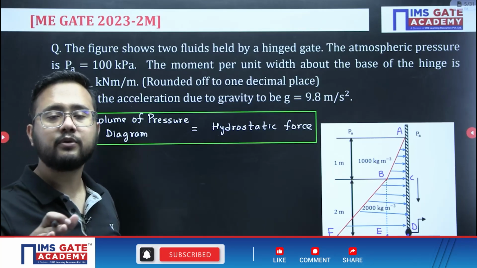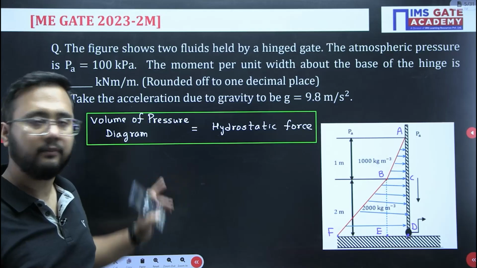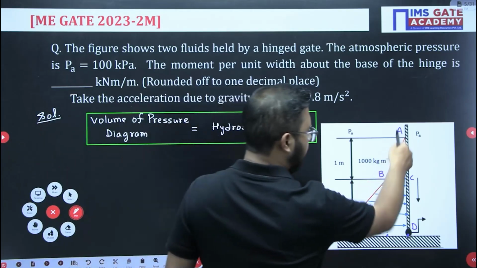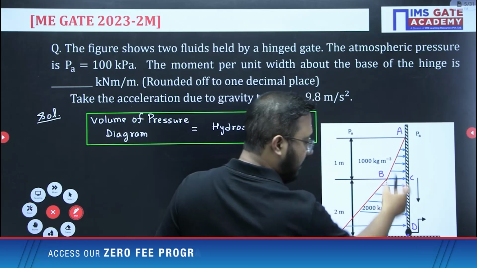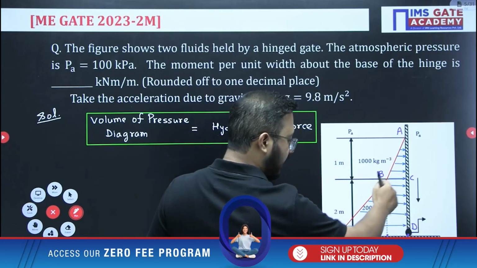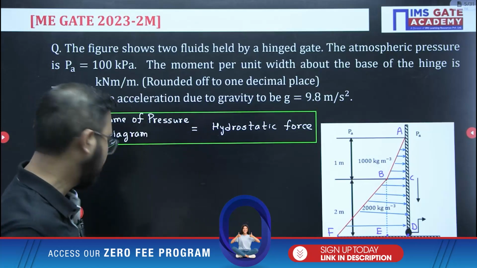Where the hydrostatic force is going to act is the centroid point of the pressure diagram. So as ABC is a triangle, it is h by 3 distance; BCDE is a rectangle, so half of this one. Again BFE is a triangle, h by 3 from the base. Like that we have to write.